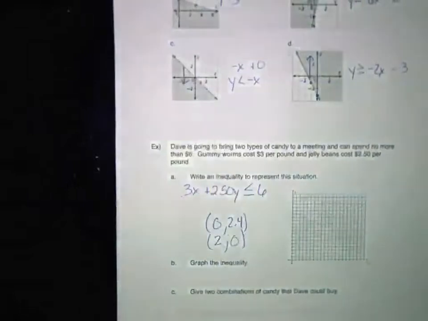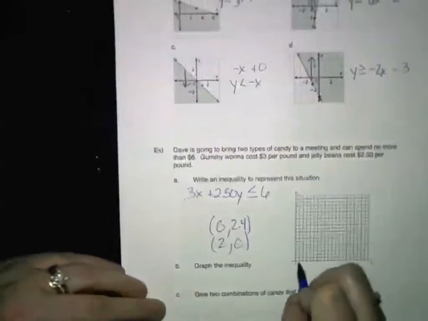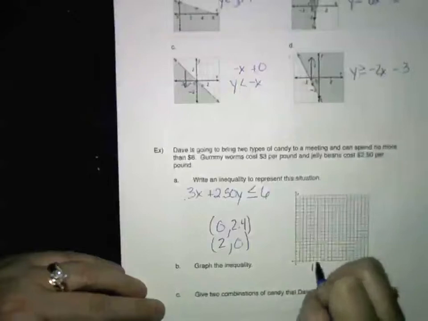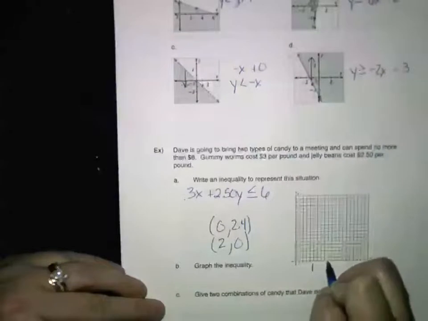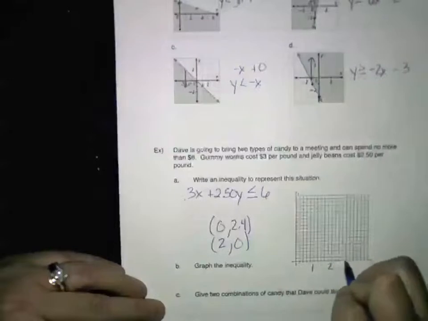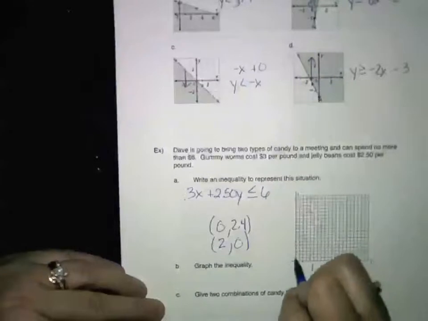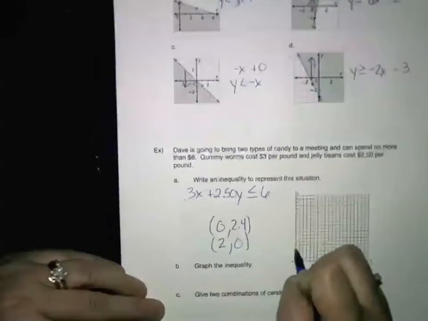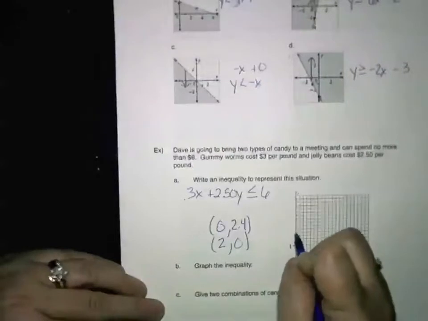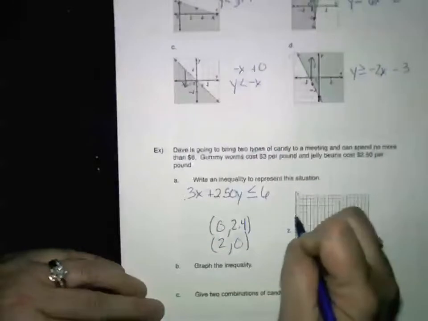And on this graph, I'm going to have these each go up by 0.2. So 0.2, 0.4, 0.6, 0.8, 1, and so on up to 3, along the bottom and up this side as well.